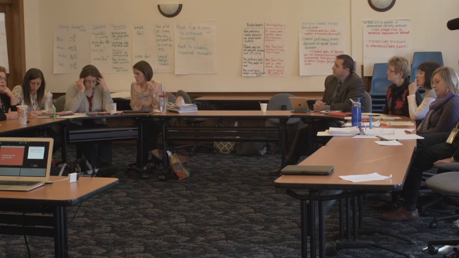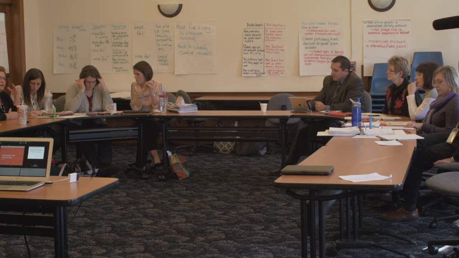I think it reinforced, as an interventionist, that we're working with the majority of the right kids. The way that we select the kids is working. But I still don't think we've got the right interventions in place for these kids.